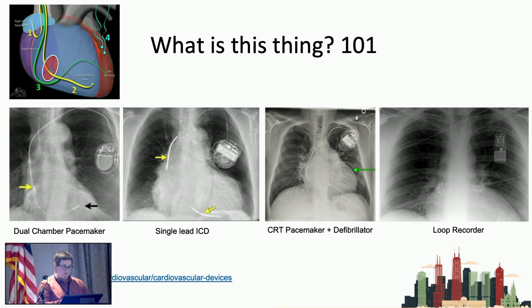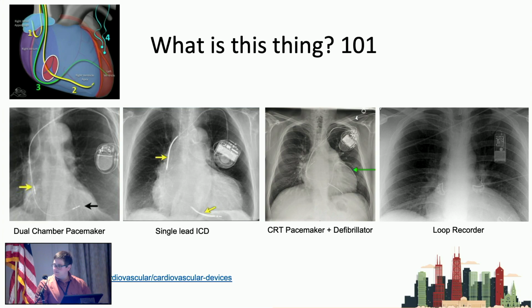So we know that that patient has an ICD. The third picture, it's a little bit harder to see the ICD coils. I think you can see the coil best on the right ventricular lead position, but you can see easily that coronary sinus lead taking that characteristic turn going over to the left side of the heart.